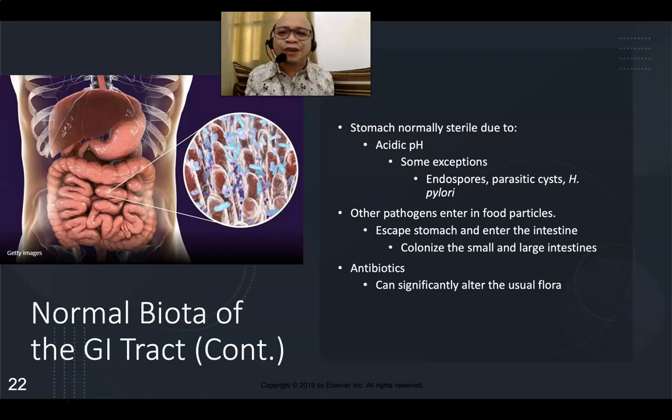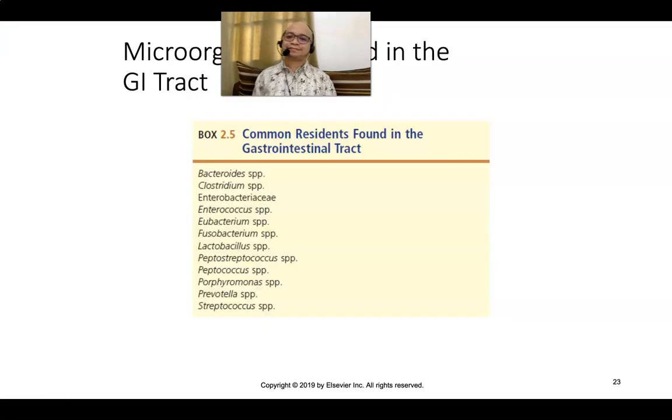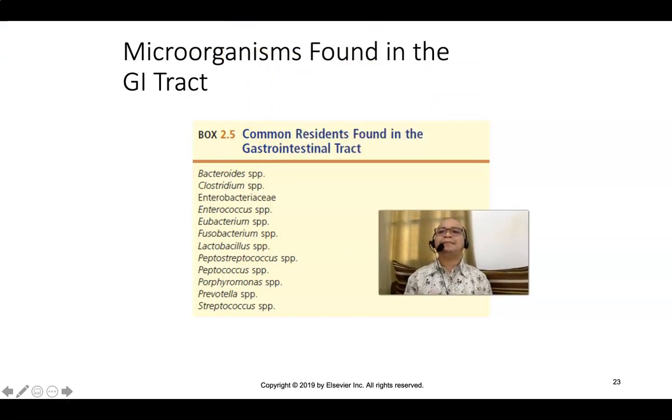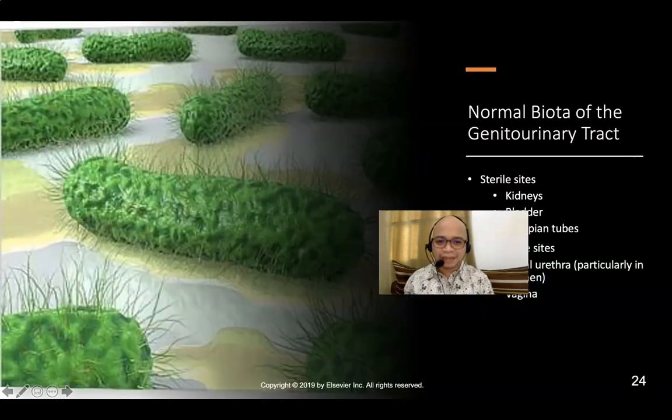We do not want to have an overdose of antibiotics because overdosage of antibiotics can significantly alter the usual flora, and this may result to antibiotic-associated diarrhea, the one that is caused by Clostridium difficile. Okay, so these are the microorganisms found in the gastrointestinal tract.